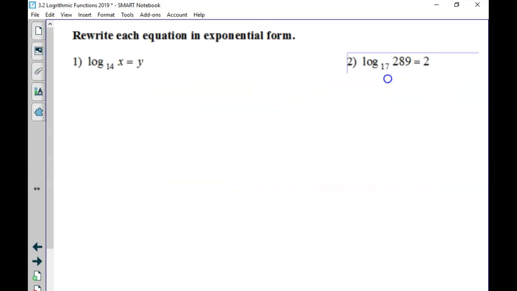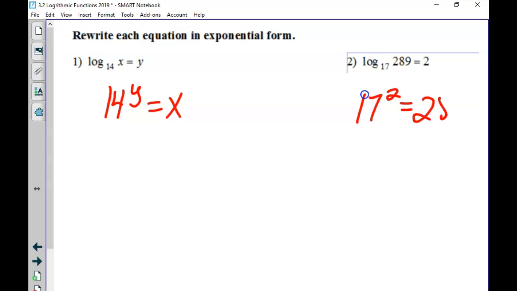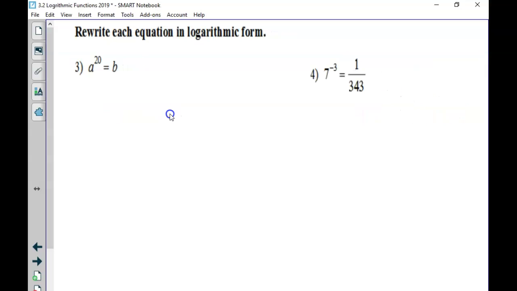So practice. Who's got the first one? Destiny, how do we rewrite that? Beautiful. So number 2, Brandon? 17 squared equals 289. And this is a nice one because it's kind of self-checking, but I'm more likely to put one on the quiz that's not, so that you have to know where things go.